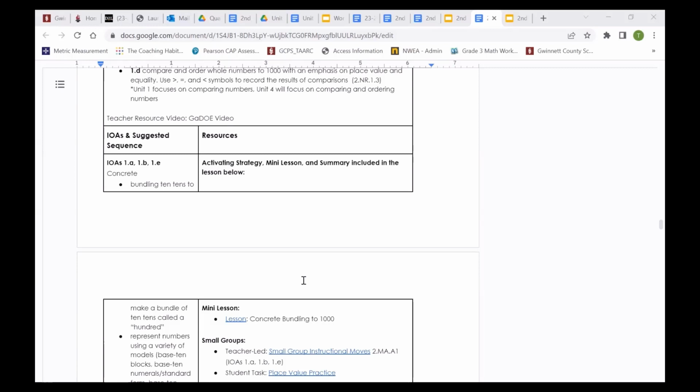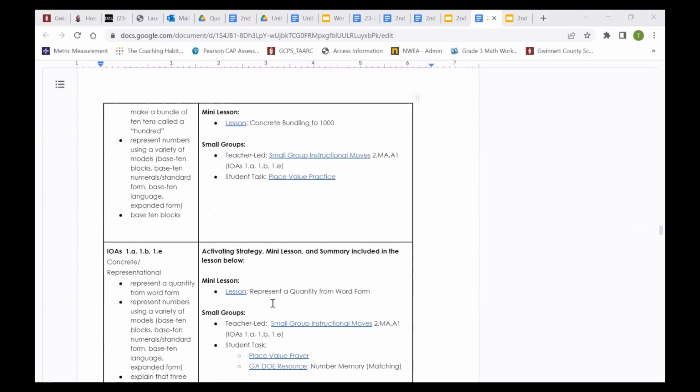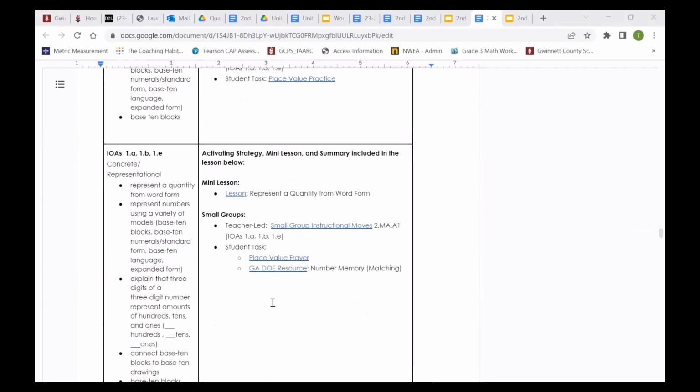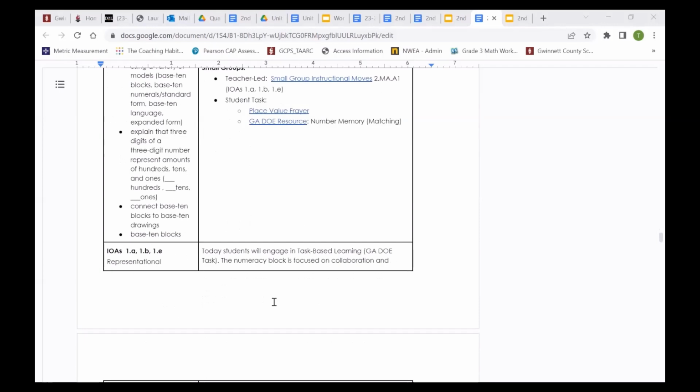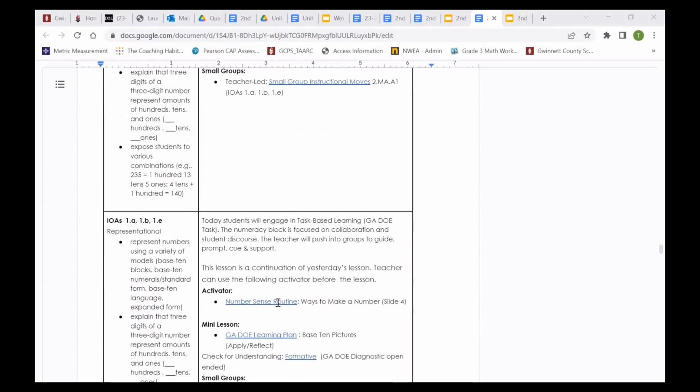As we continue through the CRA progression, we begin to connect base 10 manipulatives to their correlation to base 10 drawings. I am also excited to add that within these 5 days, there are several opportunities for students to engage in task-based lessons provided by the Georgia Department of Education.